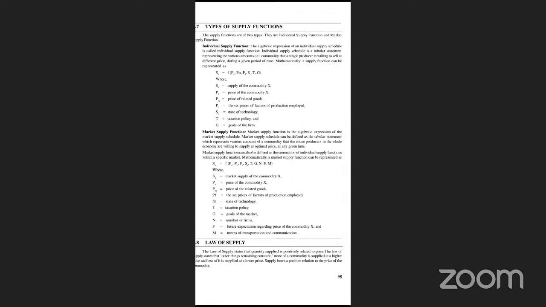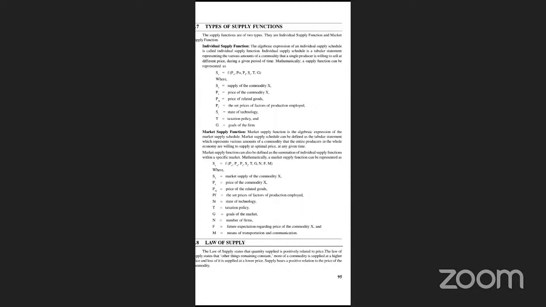Individual supply function consists of the price of the commodity, price of all factors of production, state of technology, taxation policy, and goals of the firm that we've discussed just now. It includes all these factors of production, advancement in technology, all this.